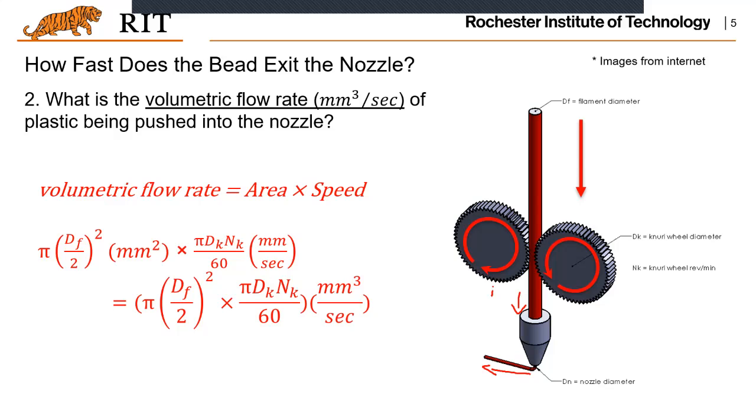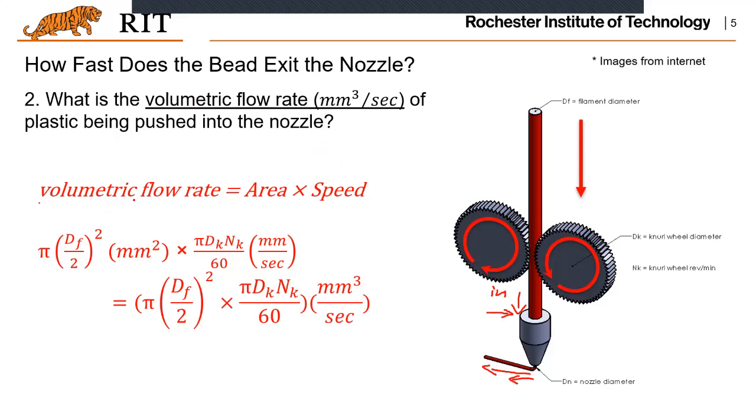The material going into this nozzle should be equivalent to the material outside of the nozzle. And what we can compute is the volumetric flow rate. So this is invariant between the input and the output, right?